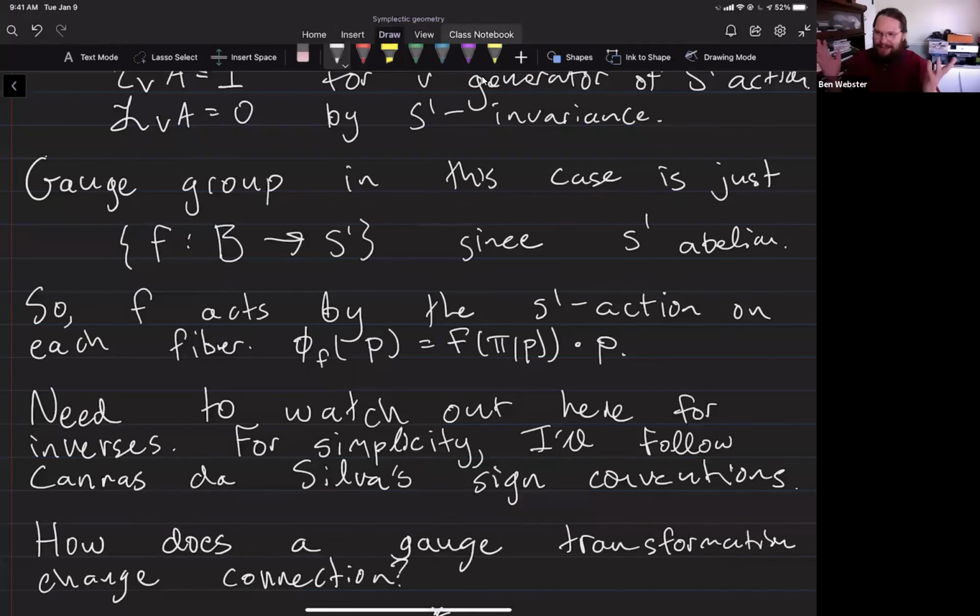There's a bunch of complicated stuff, like some people prefer to define principal bundles as right G spaces because then it's somehow a little more natural. You don't have to take an inverse somewhere that you do if you define them as left G spaces. So you just always have to be careful about this left versus right and inverses versus non-inverses stuff.